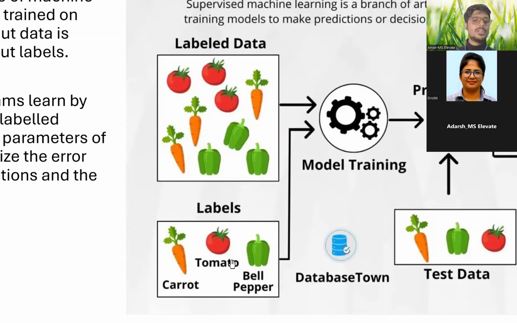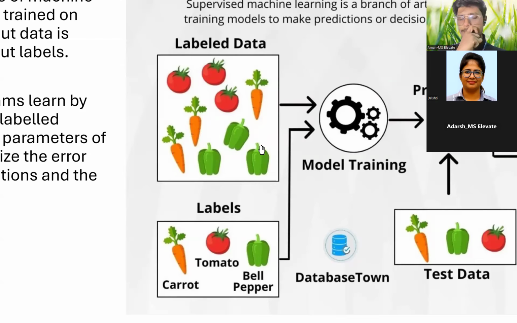This round vegetable with a green leaf just above it is a tomato, and the green one is a bell pepper. So we have given this.